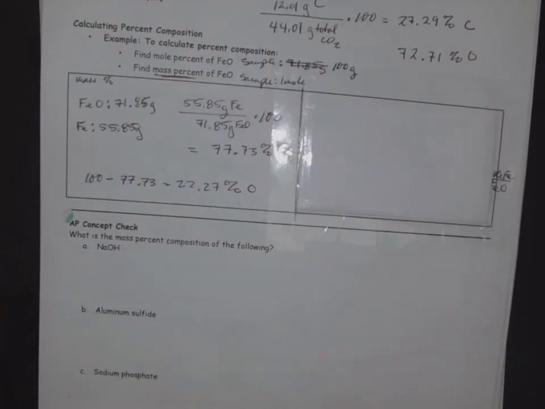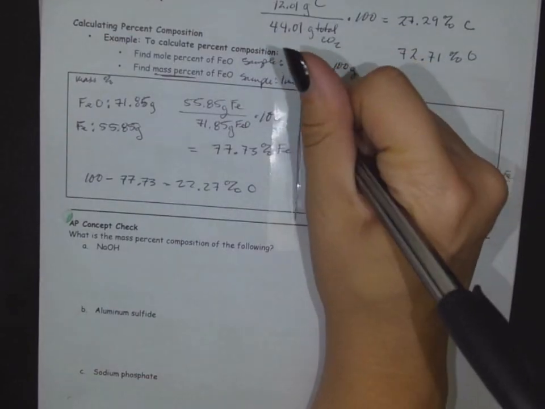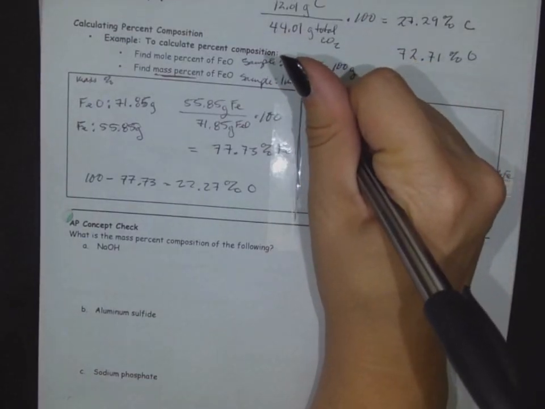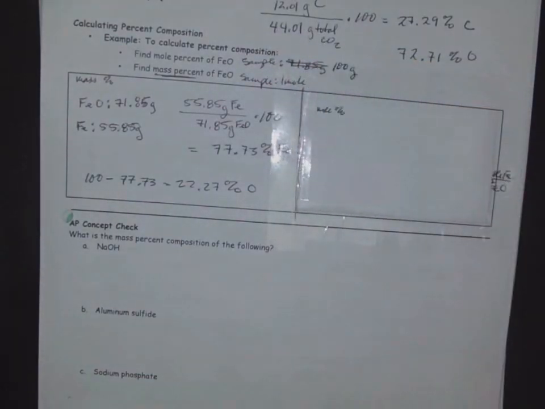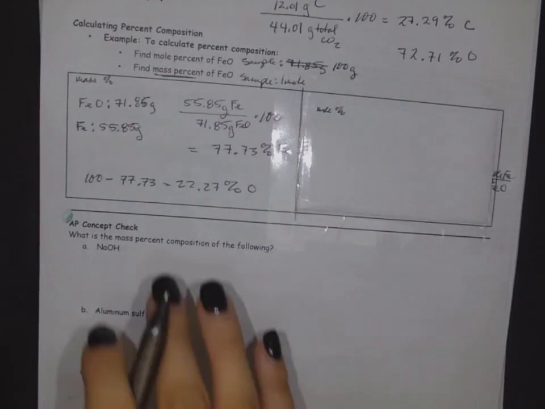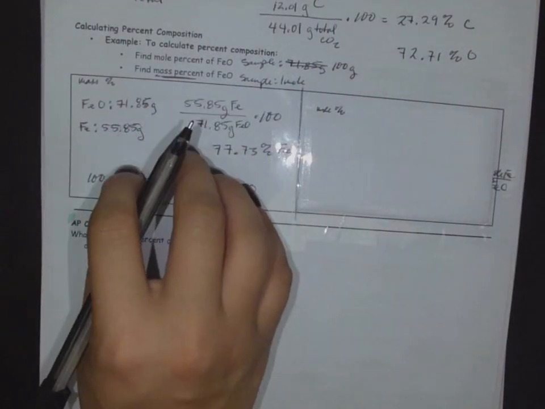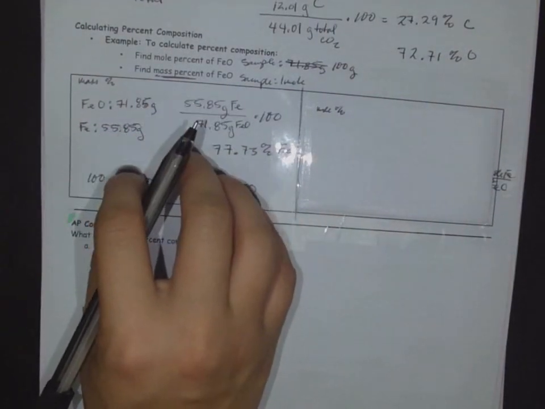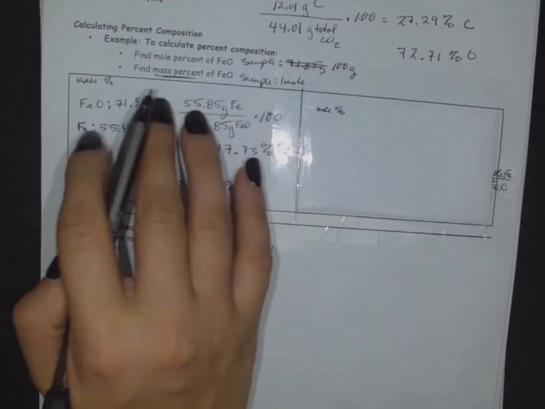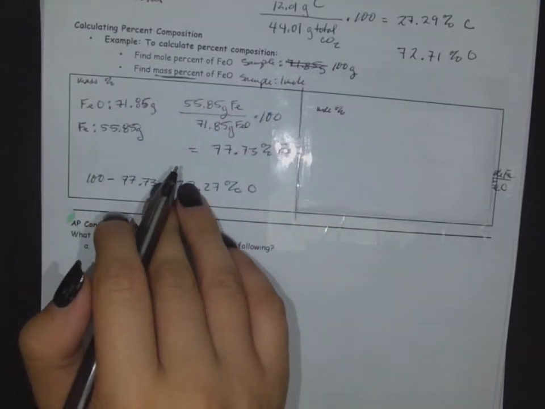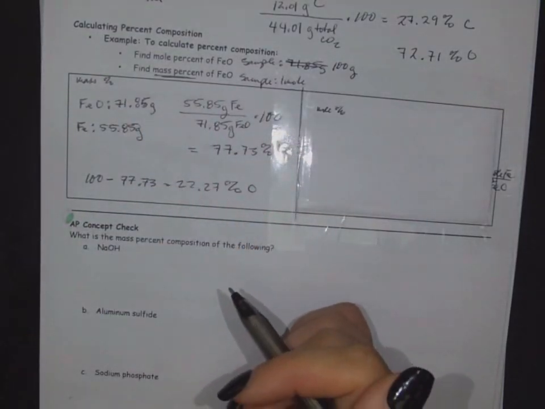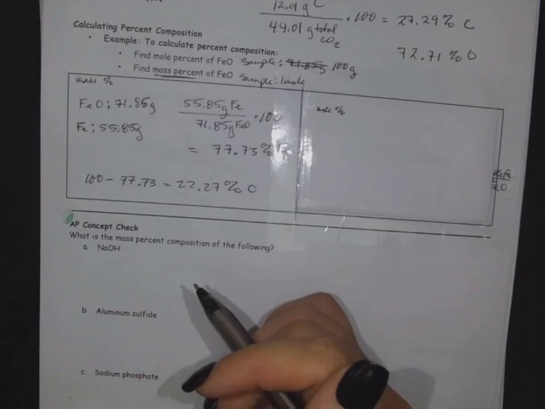Okay, lovely. When it comes to mole percentage, not mass percentage, you're always going to be given a starting point. For mass percent, I didn't have to be given a starting point. I can just go right from this 1 mole sample and figure out my percentages. But when it comes to moles, they have to give you a starting point.